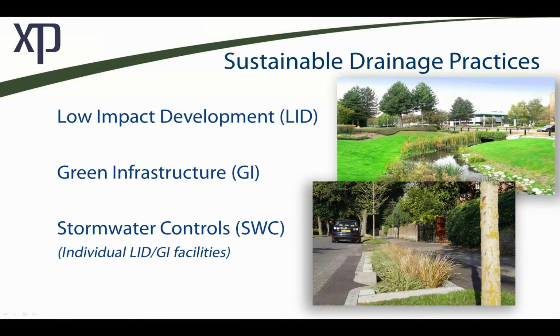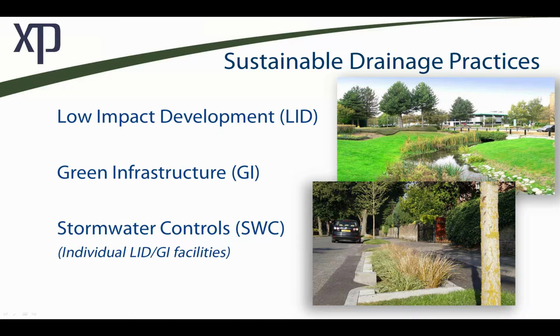Now, if some of you aren't familiar with some of these terms, that's okay. We're talking today about the greater practice of sustainable stormwater management. Even in the U.S., there are different terms for this. We might see low impact development, LID, be used.